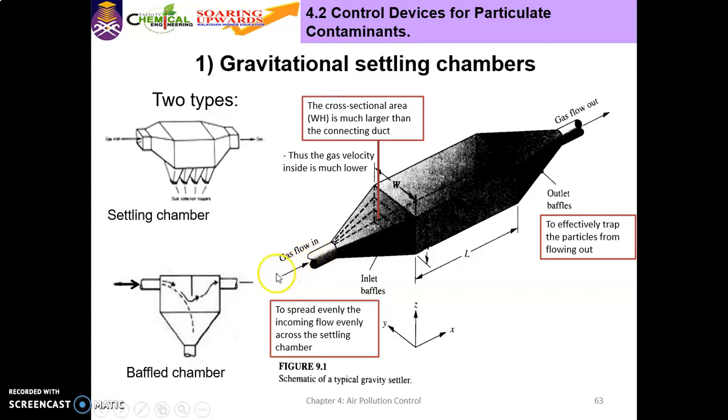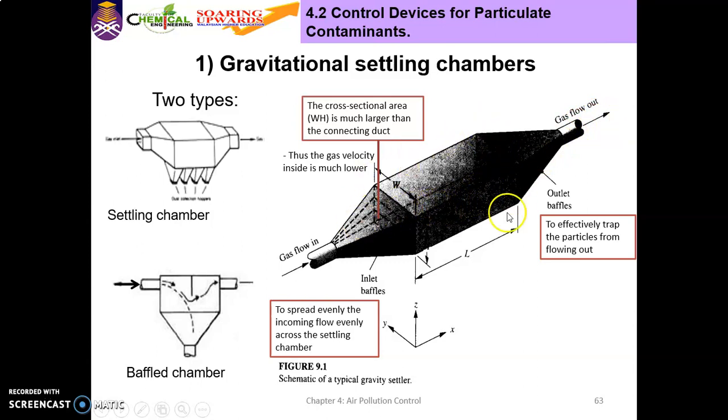The particulate air pollutants will be coming in from here, and then will come out as cleaner air at this side. Okay, the gas flow out.